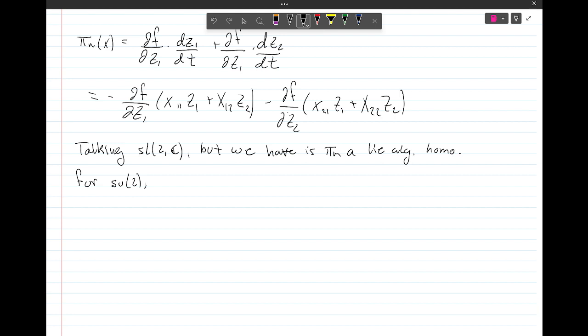Well, the complexification of SU2 is actually homeomorphic to SL2, and I guess in some sense it just is SL2C, because every matrix in the special linear Lie algebra admits a decomposition into 2 components that I think look something like this.